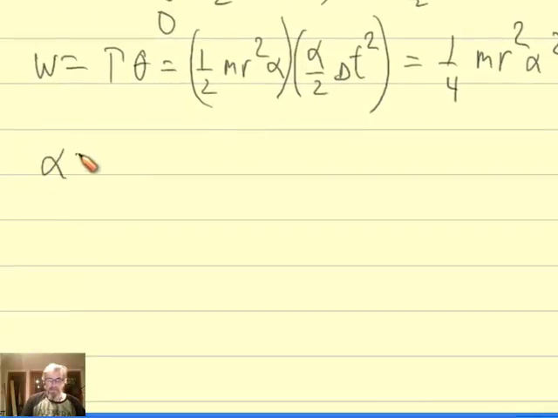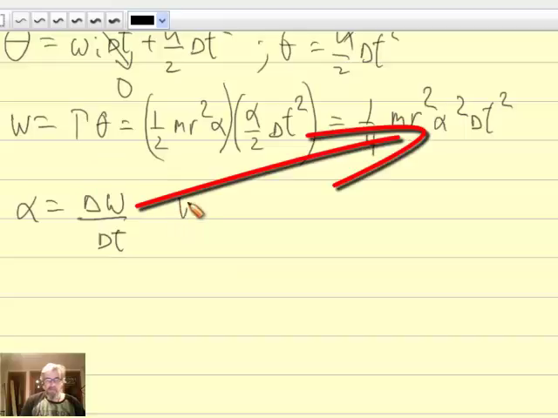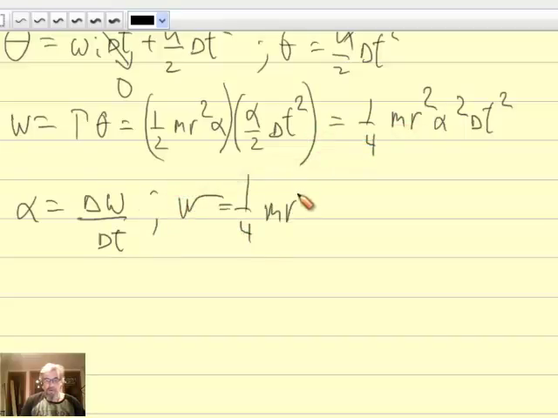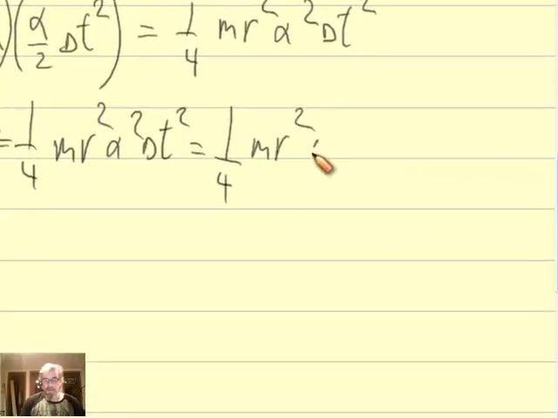So alpha is equal to the change in omega with respect to time. Well, let's plug that in there. So that means work, which was equal to 1/4 mr squared alpha squared delta t squared, is equal to 1/4 mr squared delta omega over delta t squared, because that's what alpha is, times delta t squared.